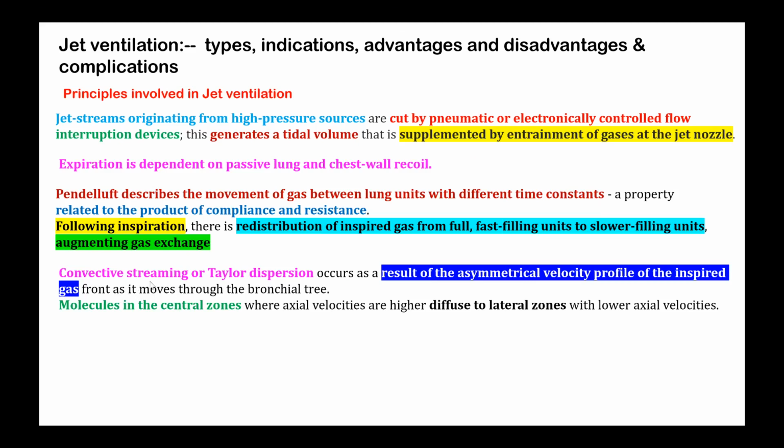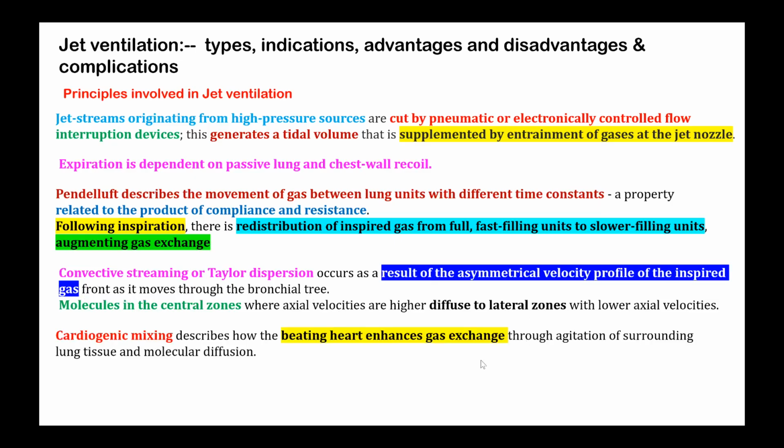Another mechanism is the convective streaming or Taylor dispersion, which occurs as a result of the asymmetrical velocity profile of the inspired gas front as it moves through the bronchial tree. Molecules in the central zones, where axial velocities are higher, diffuse to lateral zones with lower axial velocities. And cardiogenic mixing describes how the beating heart exchanges gases.